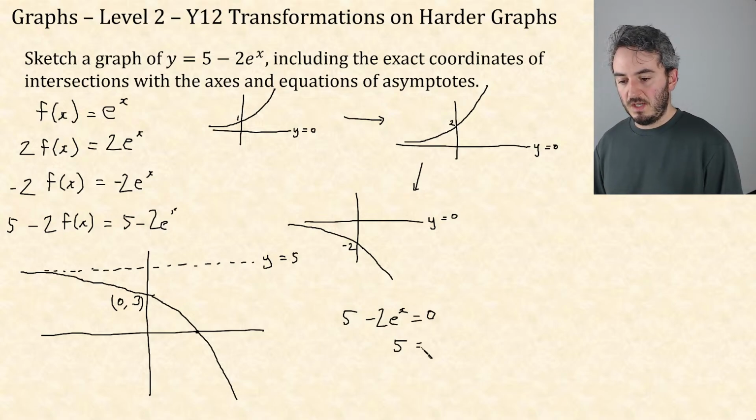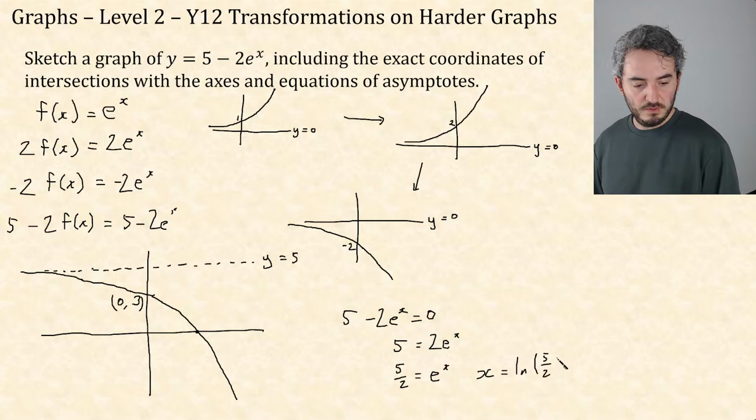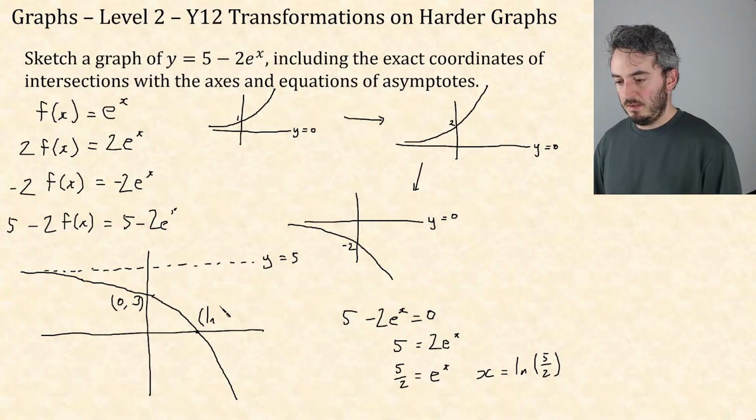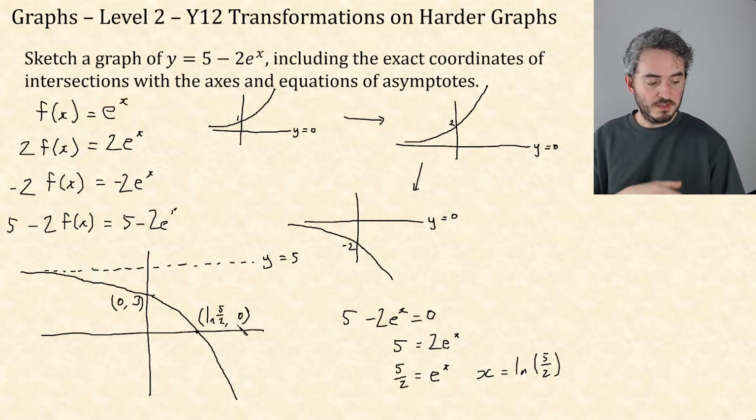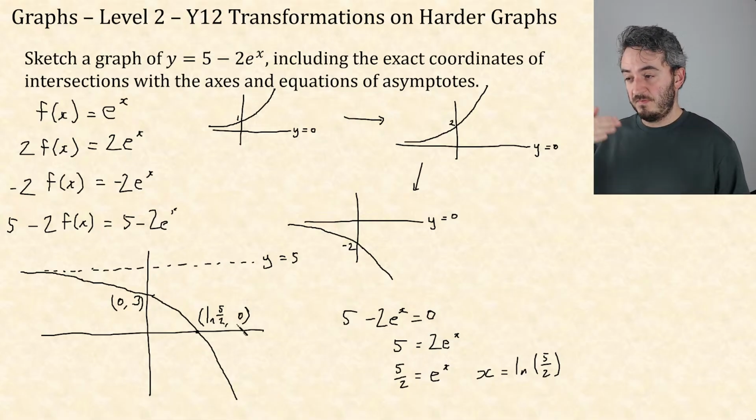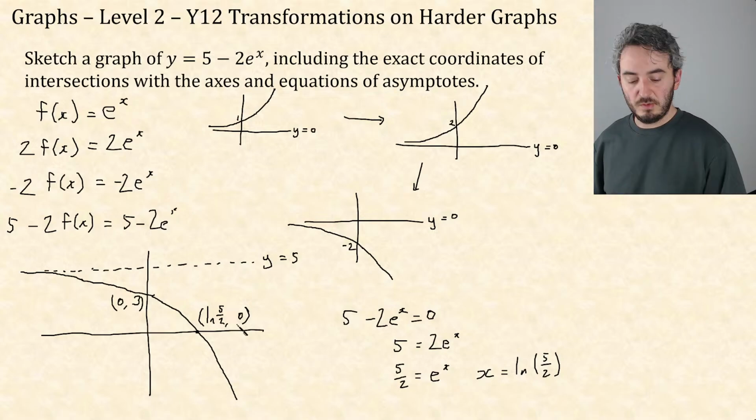So 5 equals 2e to the x. 5 over 2 equals e to the x, and x is ln 5 over 2. And so we've got our exact coordinates here, ln 5 over 2, 0. So for questions asking you to do transformations on things like e to the x, it's very helpful to list those out as a sequence of transformations.